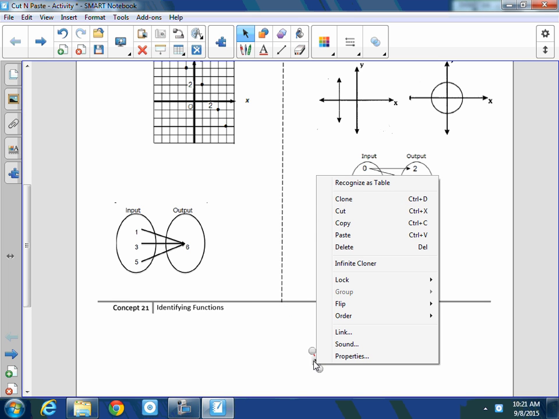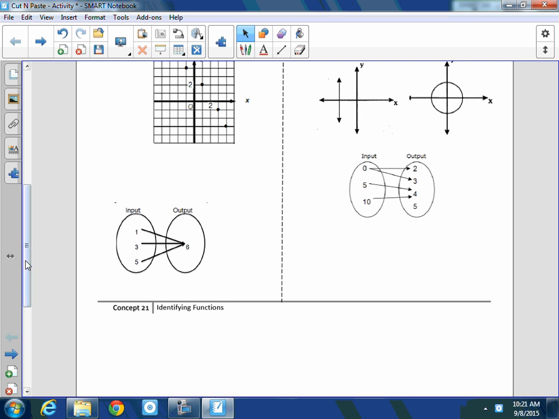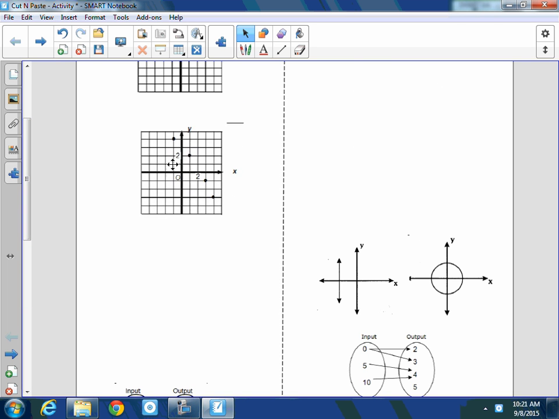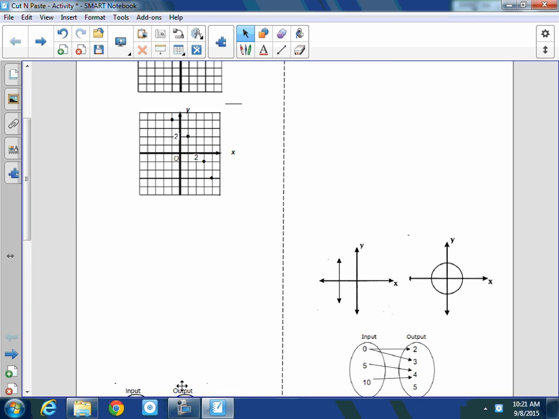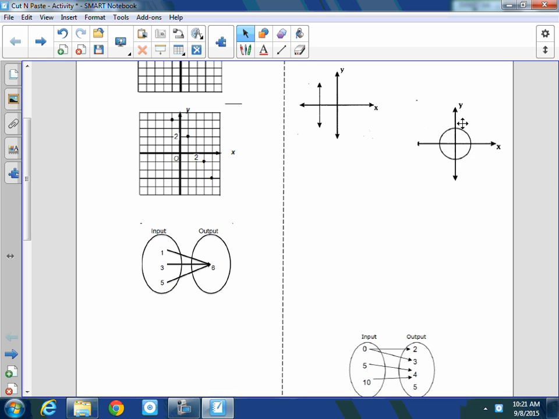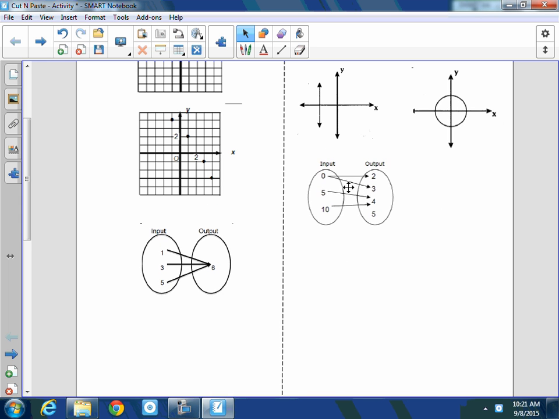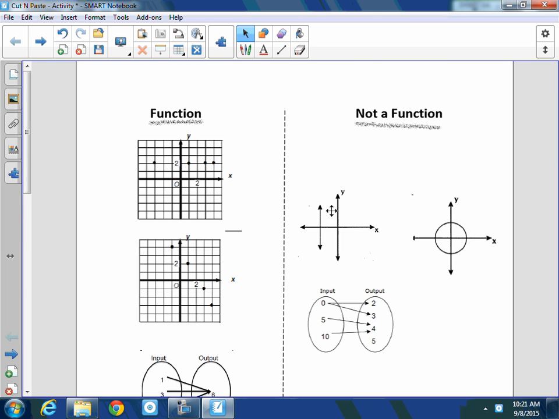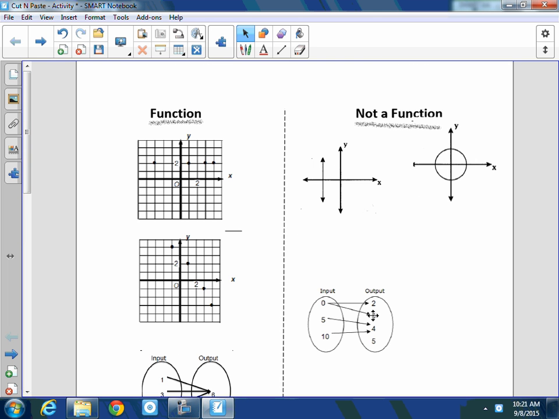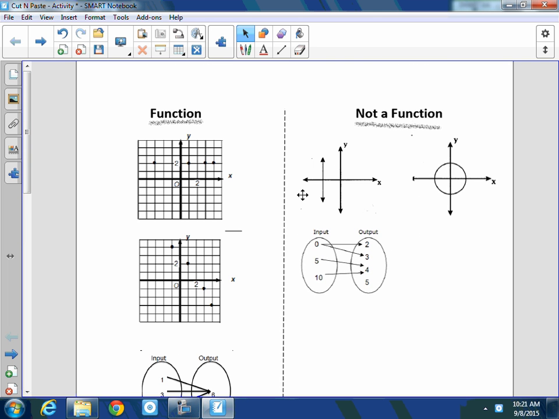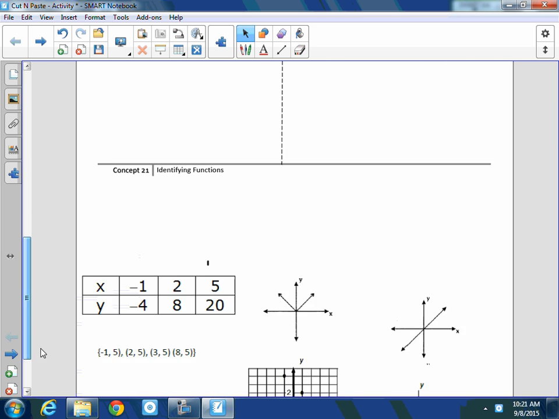So what you guys are going to have to do with your sheet of paper is cut them off. It doesn't matter the order, as long as they're in the right column. So all these to the right will be non-functions, and these to the left will be functions.